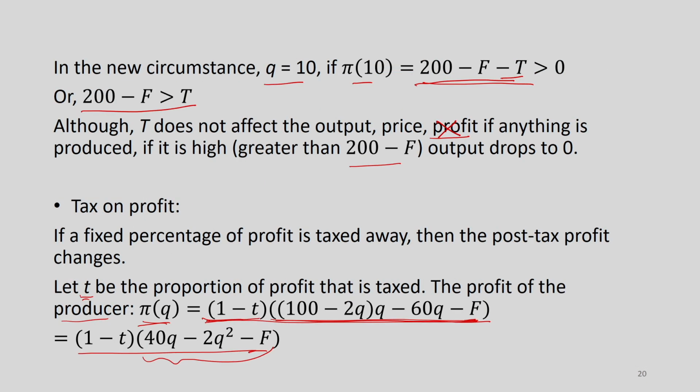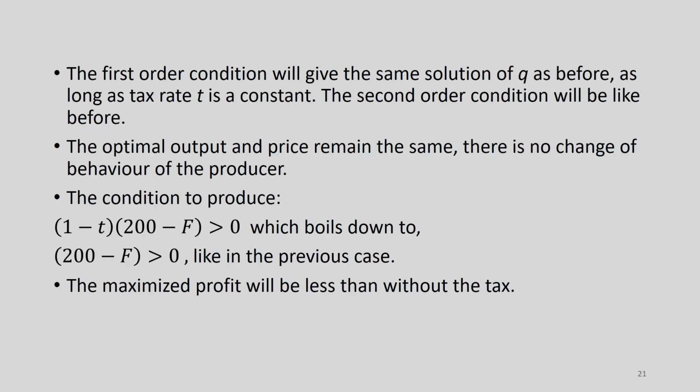If you set the derivative of this with respect to q equal to 0, it will give you just the derivative of the original profit with respect to q equal to 0, because t is a constant. So you are going to get the same first order condition that you got when there was no tax, and similarly the second order condition will be satisfied.